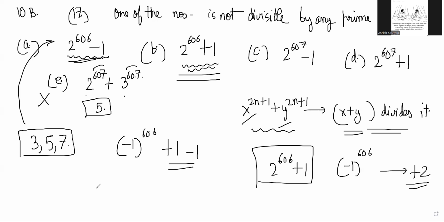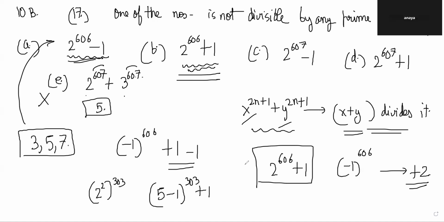Now, if you want to check with 5, you can do 2 squared to the power 303. There are 4, so you can write it as 5 minus 1 to the power 303 plus 1. Again, the only term that you care about is the last term, which doesn't have a 5, right?